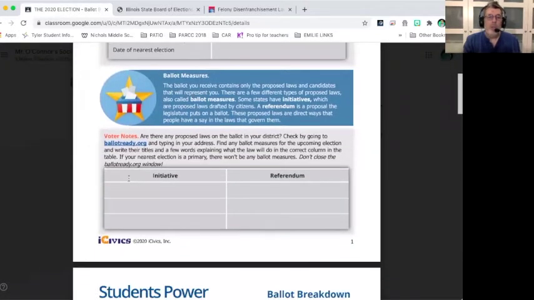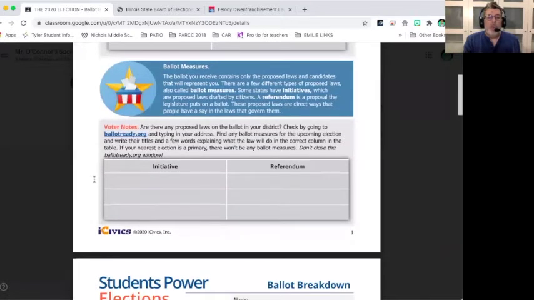I'm totally with you. All right, so we have here ballot measures. So ballot measures are going to be things that they're like proposals for laws, right? Initiatives, which is in the left column, come from the people themselves. You can go out, you can get a number of signatures, and each state has a different requirement, maybe 100,000, 200,000, 300,000, whatever. And those are people who are backing your idea.